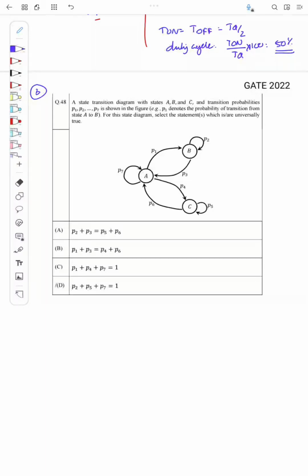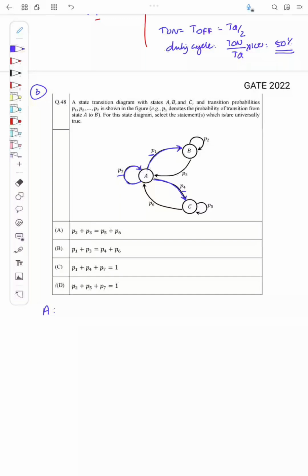Okay, so the statements, if you see here, are relations between the probabilities of transition. So first we can write the probabilities here. In case of state A, there is a chance that A transitions to the next state B, or A remains at A itself with a probability P7, and A can also transition to the state C with a probability P4.